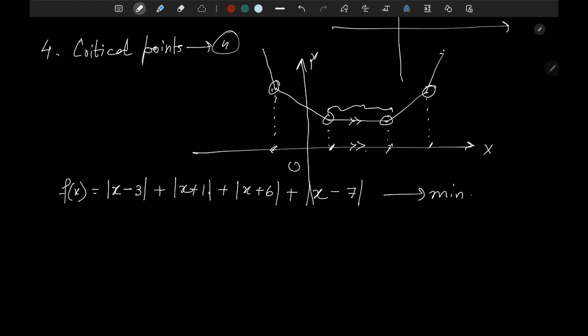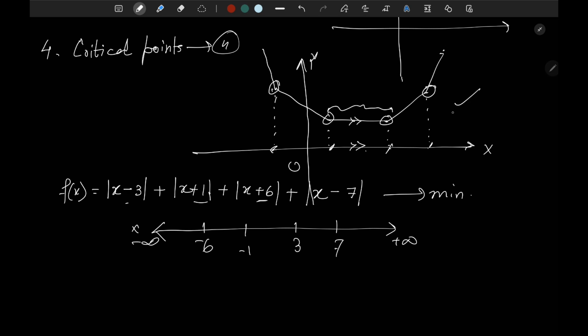So the shortest process is that you take the number line. This is your x number line. You put the points in increasing order. So you have minus 6, then you have minus 1, you have plus 3, then you have plus 7.